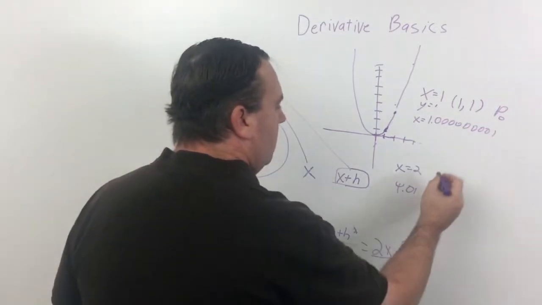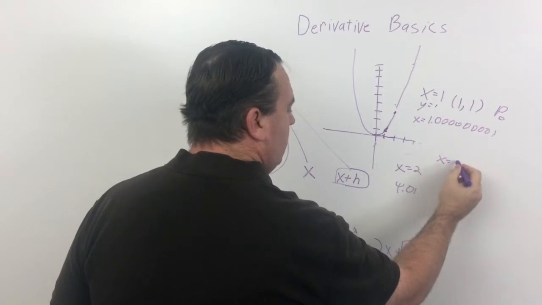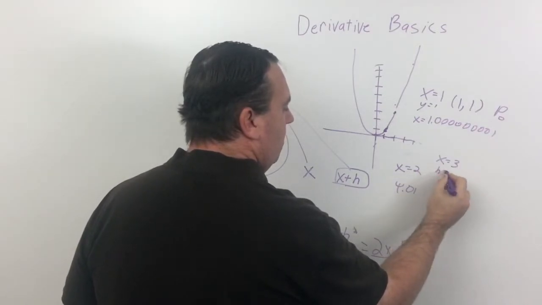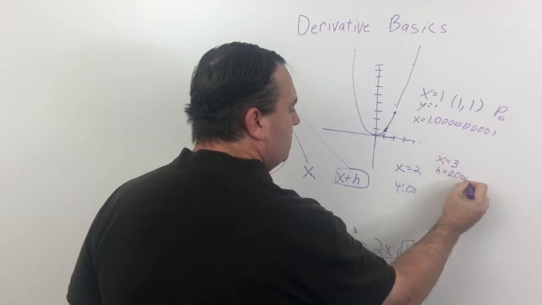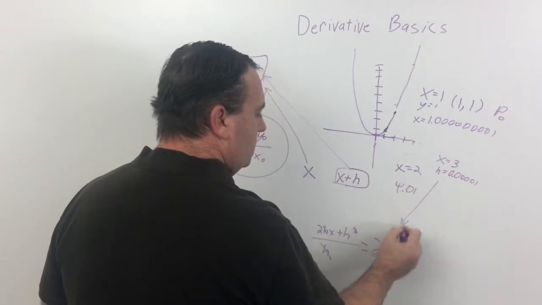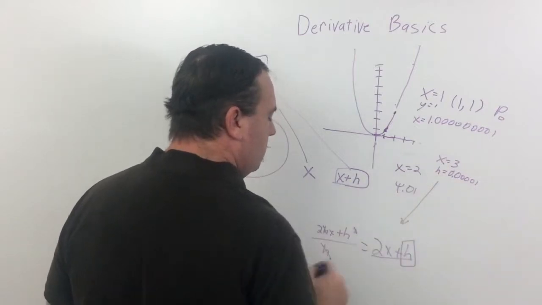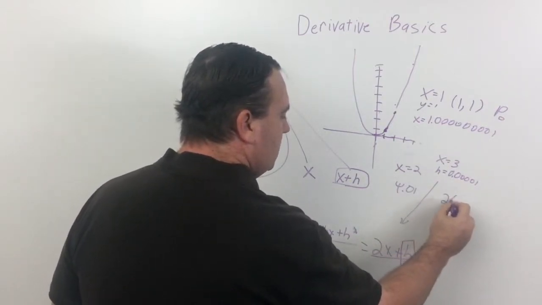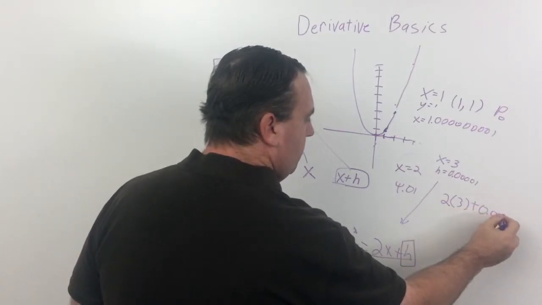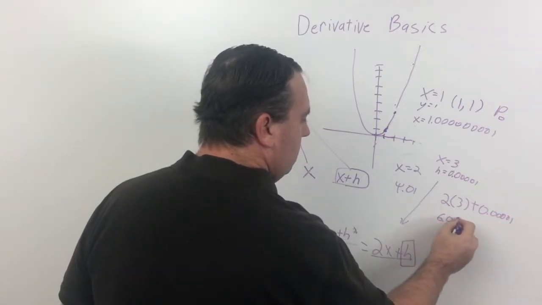So if I want to say, what is the slope at x equals 3, I want to know what happens when they are 0.00001 apart. Okay, well, this formula tells us that the slope between 3 and 3.01 is going to be 2 times our x value plus our h value. That's going to be 6.001.